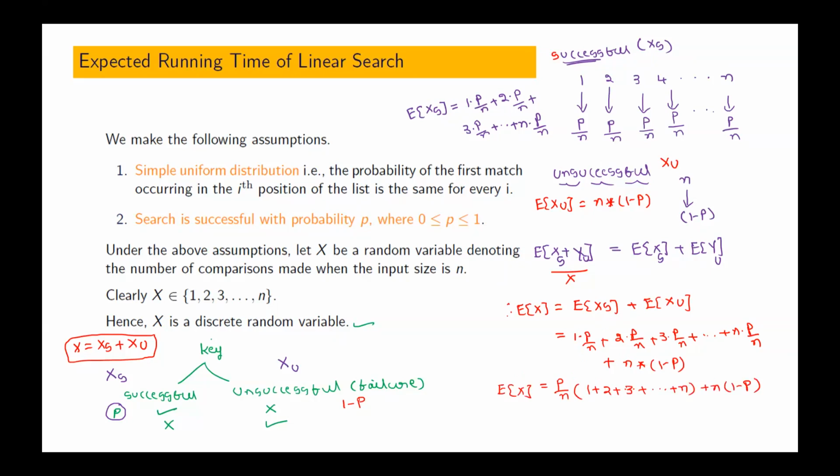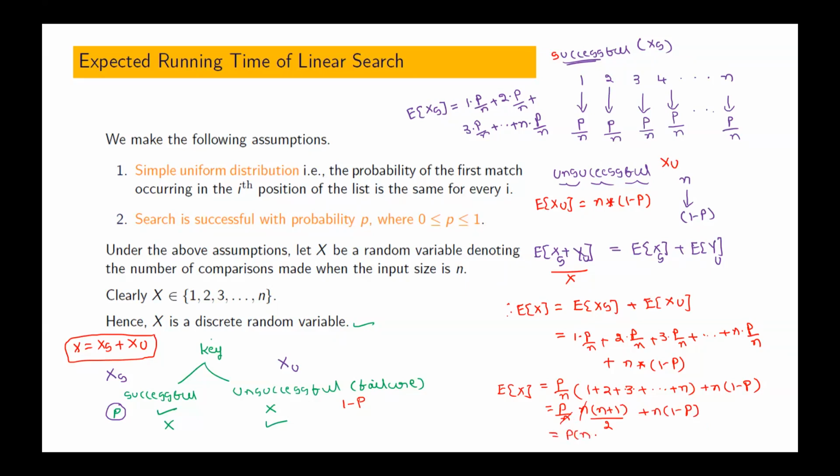Is that correct? What is this summation value? n into n plus 1 by 2, plus n into 1 minus P. Now n gets cancelled. So what is the final value?